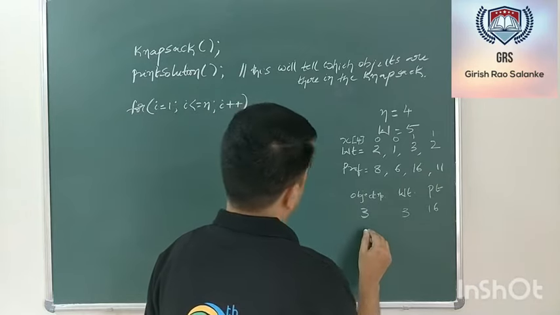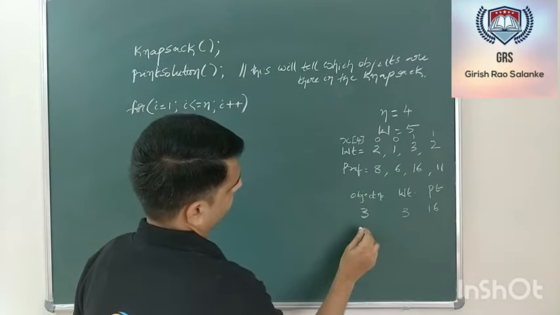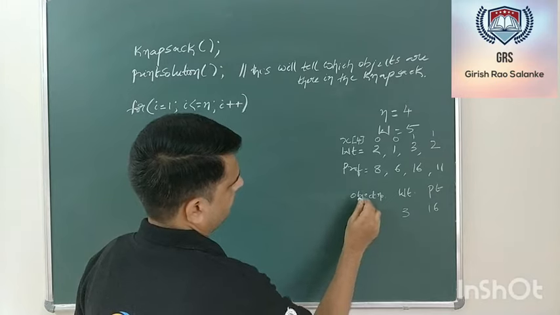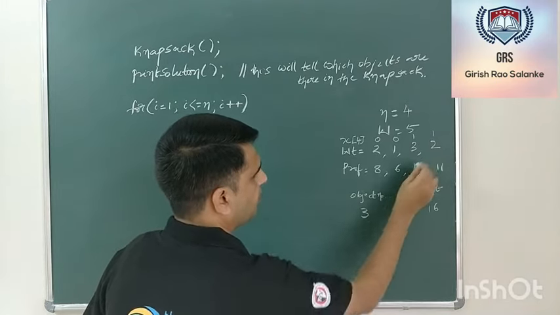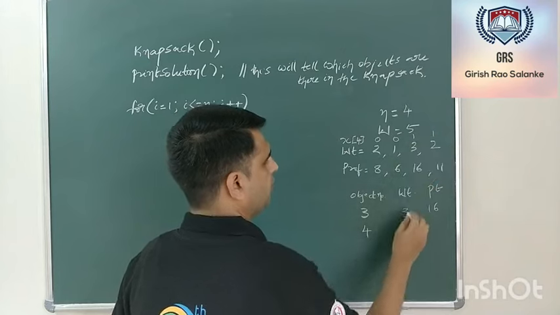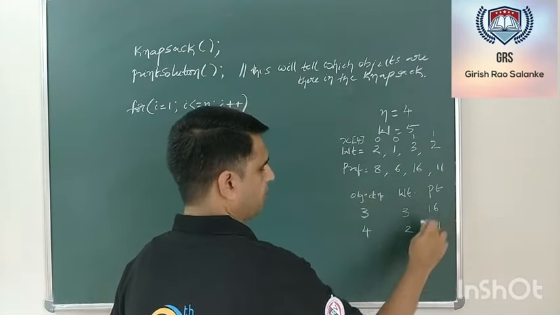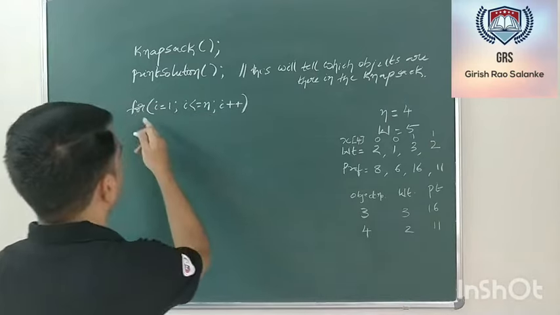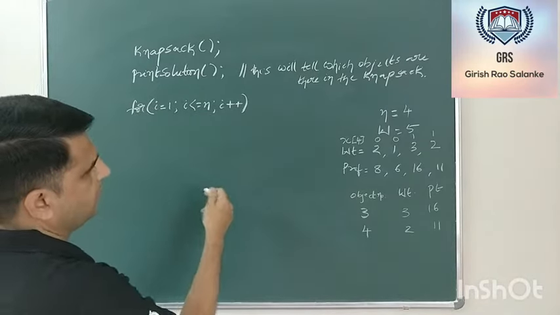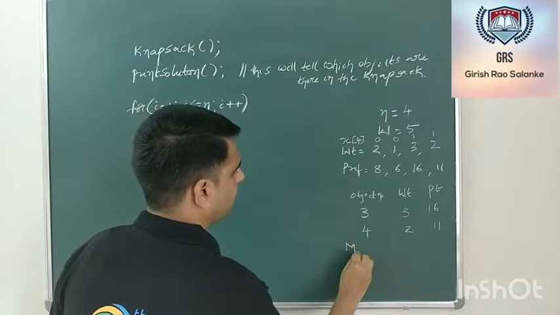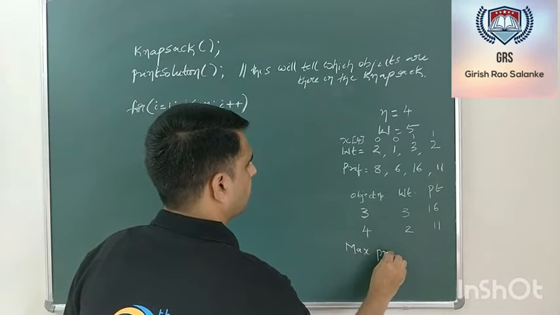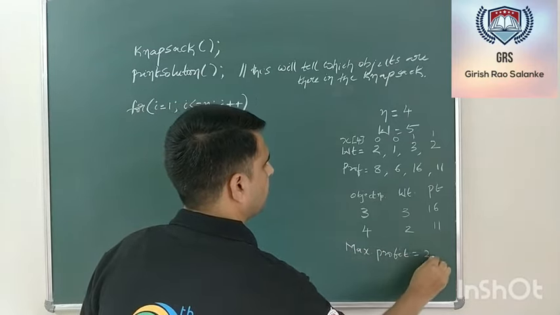Next, object number 4, weight is 2 and the profit is this one. The maximum profit is 27. So for this, I'll just print this first and then I'll print the max profit. The max profit is 27.